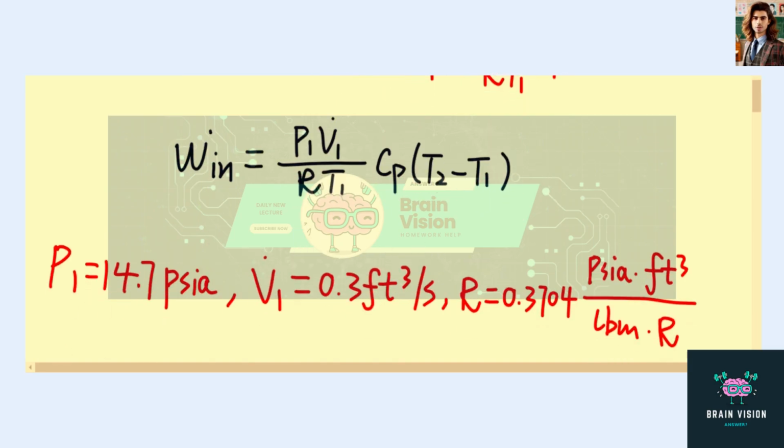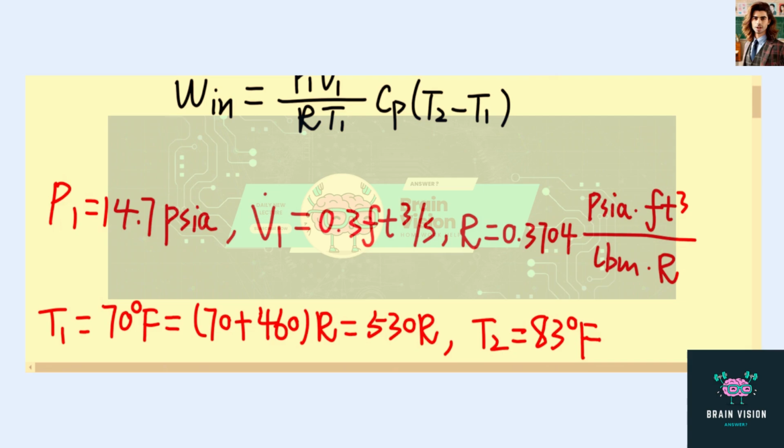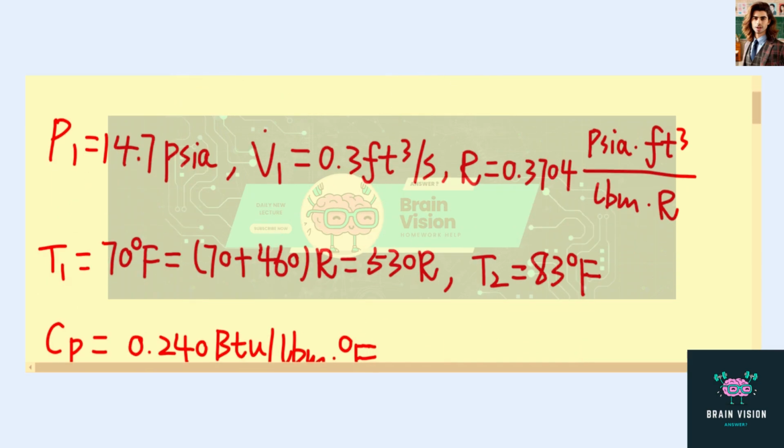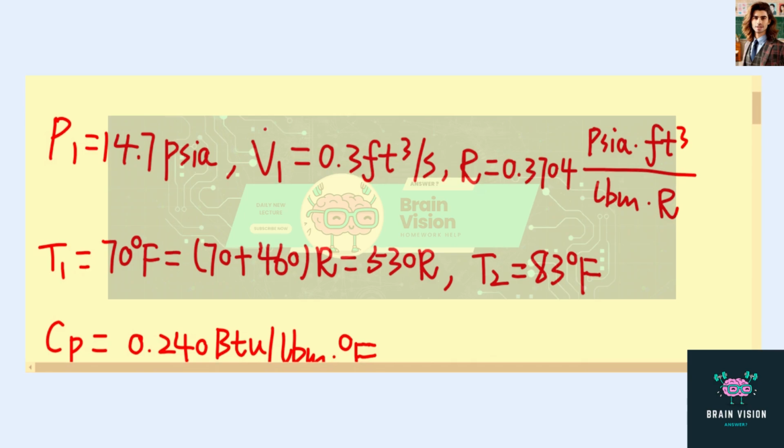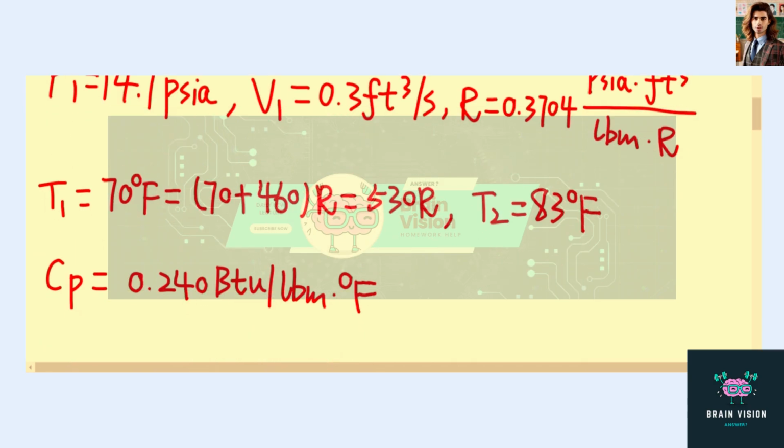So we know the pressure is 14.7 psia, and the volume flow rate is 0.3 feet cubed per second. We know the gas constant for the air is about 0.3704 psia times feet cubed per pound mass times Rankine. The initial temperature is 70 degrees Fahrenheit, which is also equal to 530 Rankine, and we know the final temperature is 83 degrees Fahrenheit.